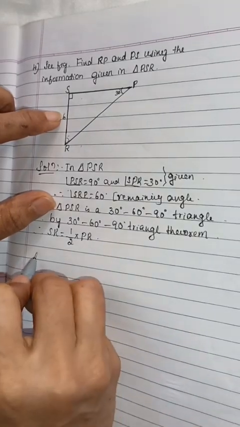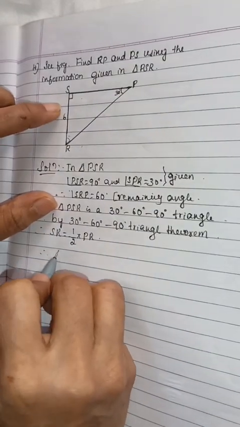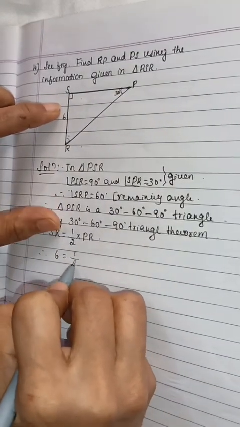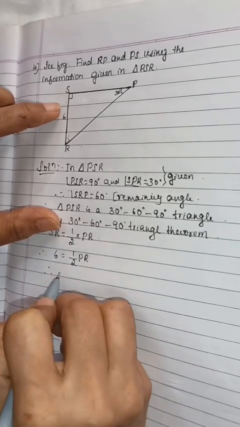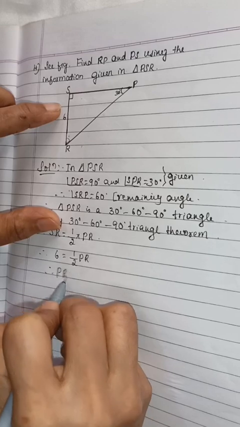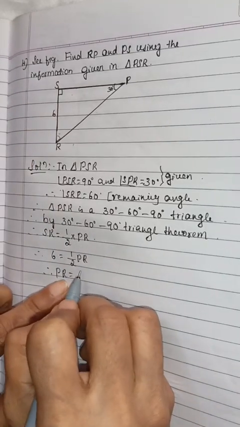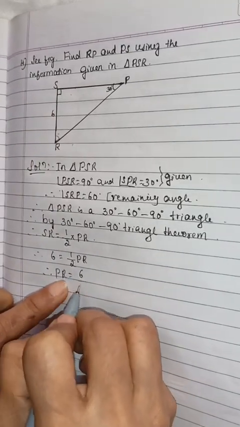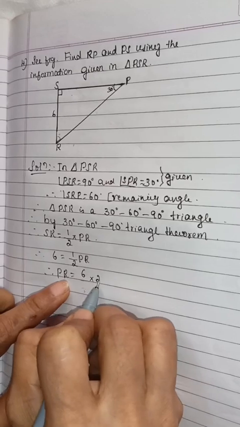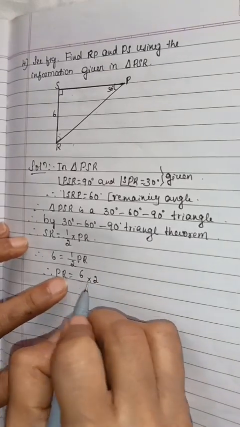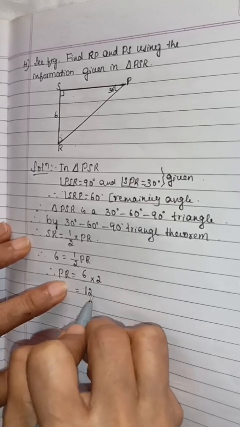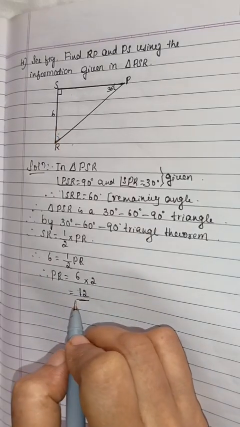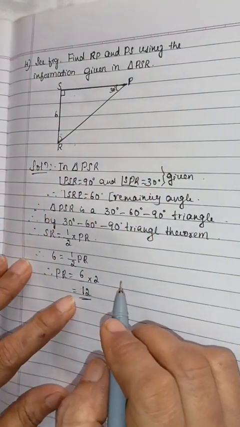Therefore SR is 6, half of PR, that is PR is 6 divided by 1 by 2, so multiplied by 2. You have to take the reciprocal of it. Okay, 6 times 2, this is 12. PR is 12.